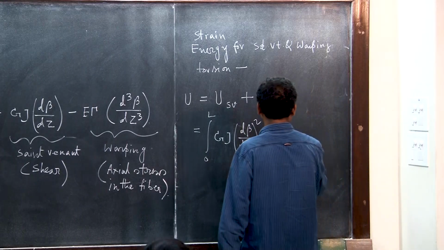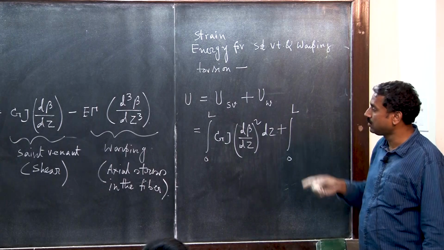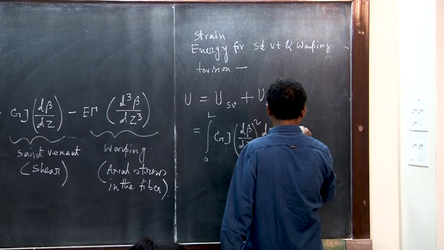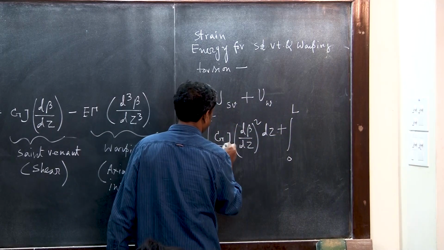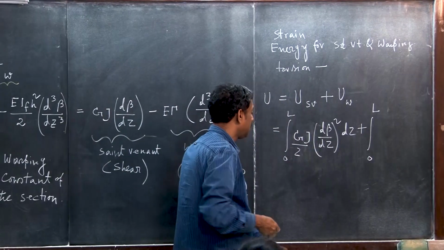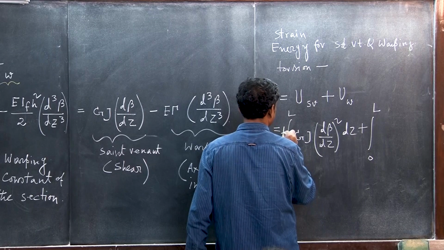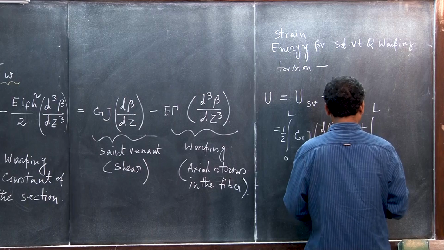And what about the warping one? It will be what? Try to just say it. There will be one GJ by 2, right, or half we have to take out, right, half. And here also it will be what?